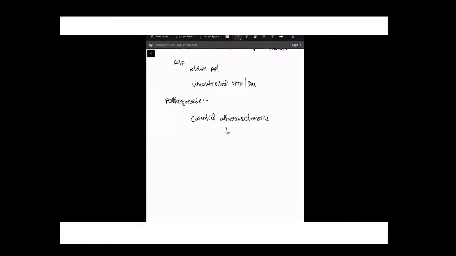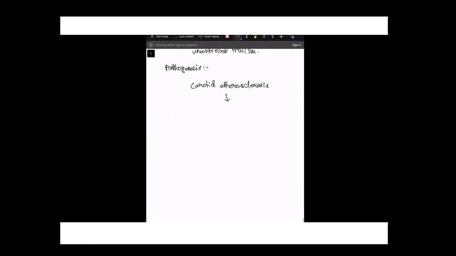Because of this atherosclerosis, the embolus is going to lodge into the retinal artery and occlude the artery. So that is the term central retinal artery occlusion. This occlusion is due to the embolus that is coming from the carotid area.